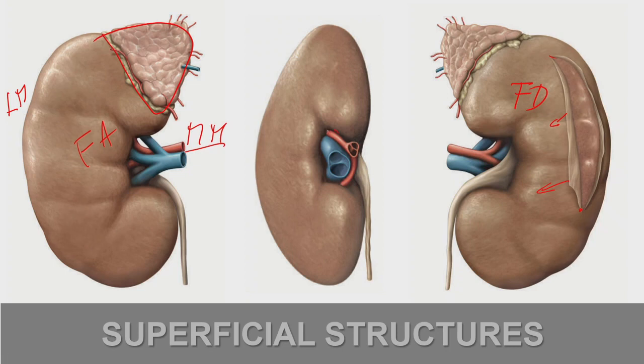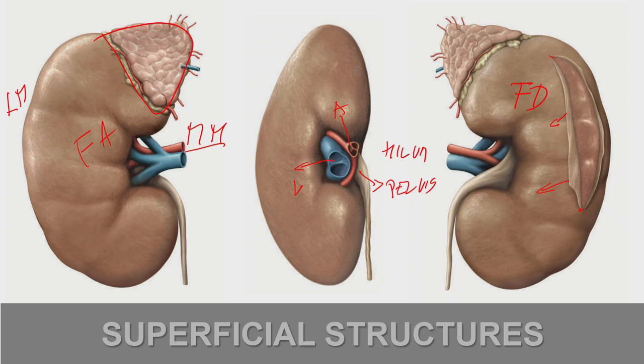Then this structure, this is the gate to the kidney, here called hilum. And in a hilum of a kidney, we have a constant position of the structures. More anterior is a vein, in the middle is artery, and dorsally is a pelvis.